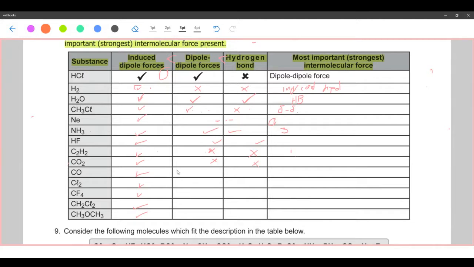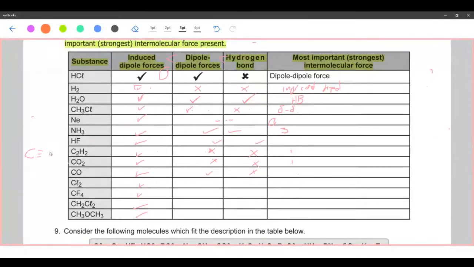Okay, if I compare that to CO, Tegan, I said yes, no, dipole-dipole. Correct. So there are dipole forces, there's no hydrogen bonding, and the most important force is dipole-dipole forces.